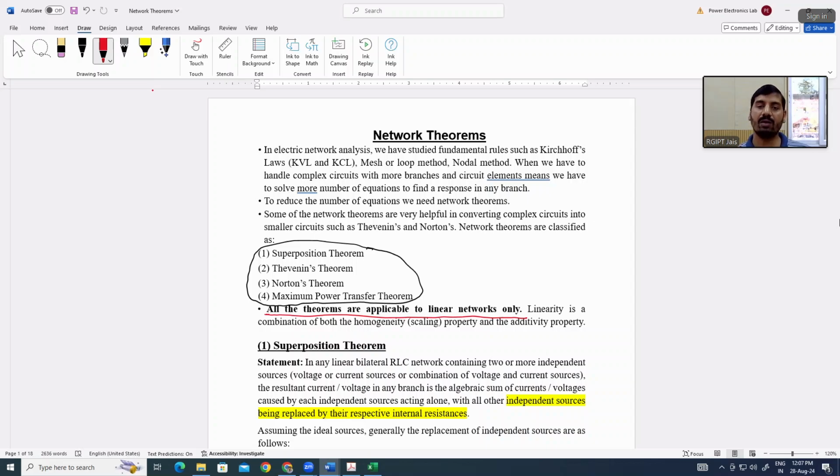Which network is called a linear network? Can you tell me what the linear networks are? I told you in the starting classes the difference between linear networks.